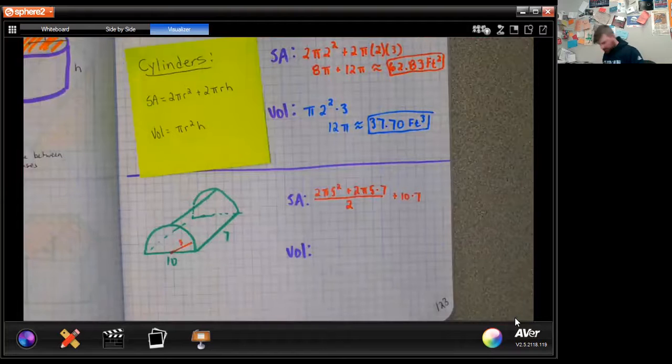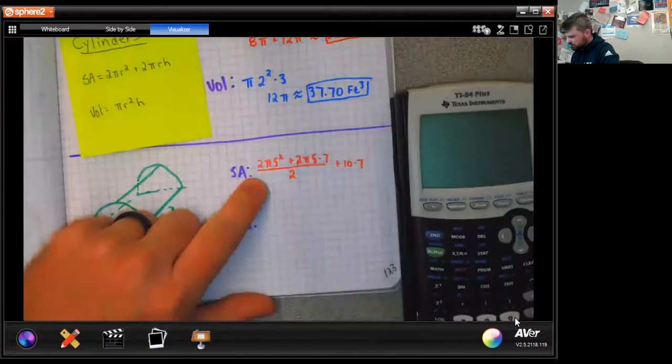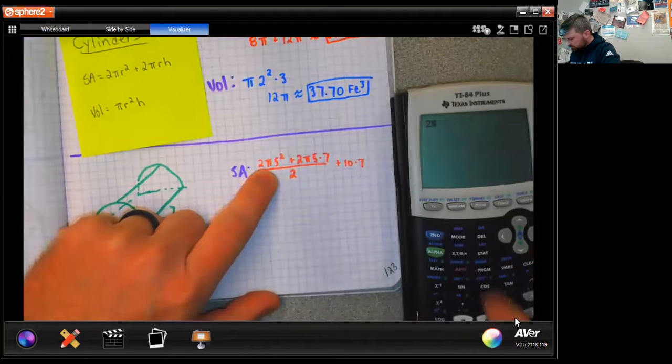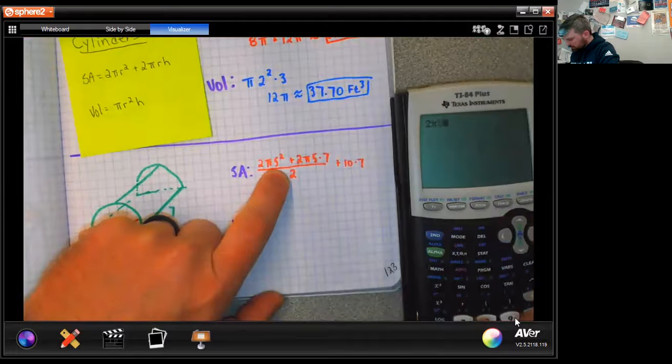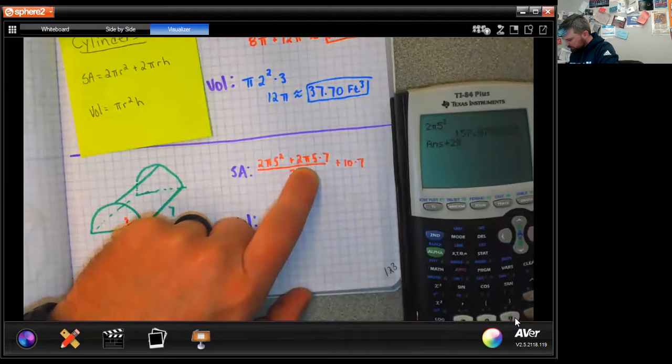Okay, so let me grab a calculator maybe, and I can show you. Okay, so we'll put this in together here. So I have 2 pi 5 squared. I'm gonna go ahead and hit enter on that. Plus 2 pi times 5 times 7. There's that.